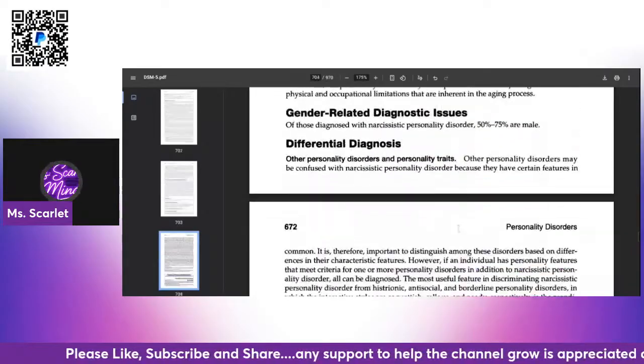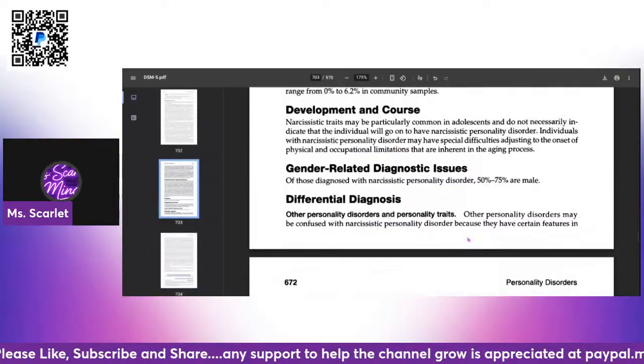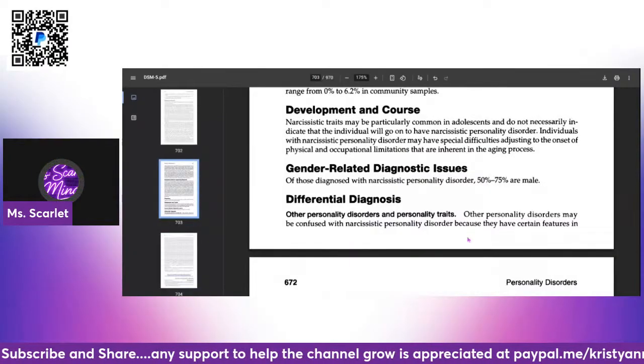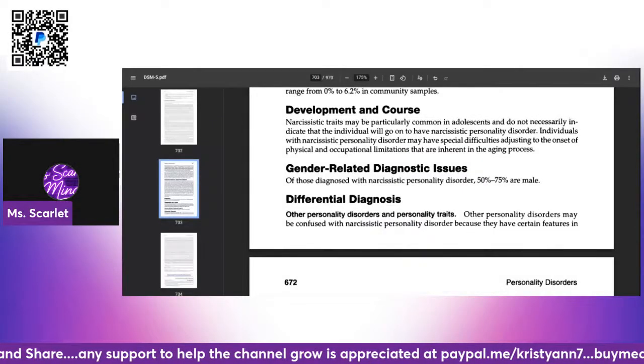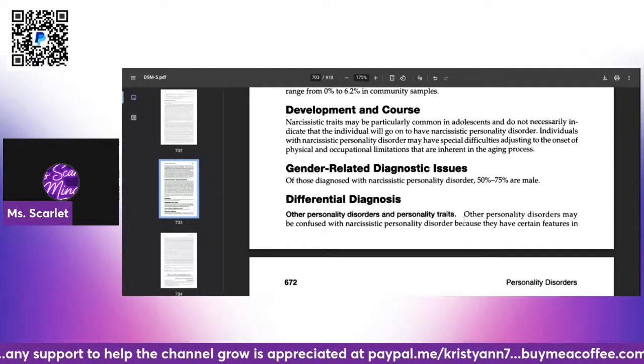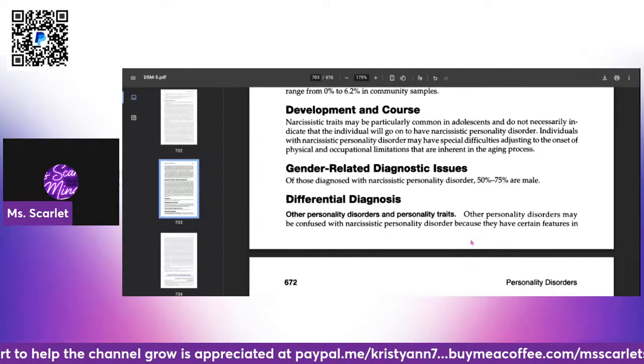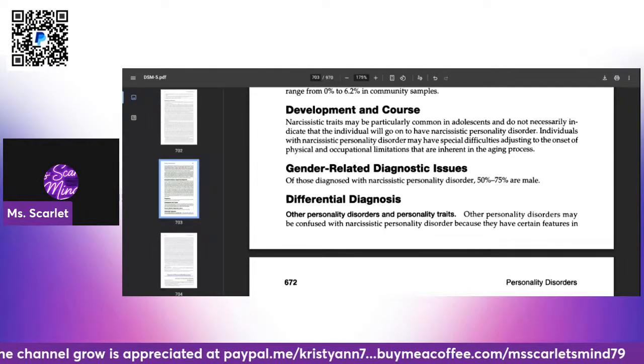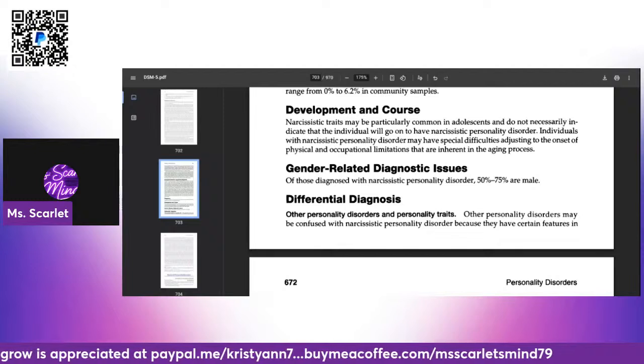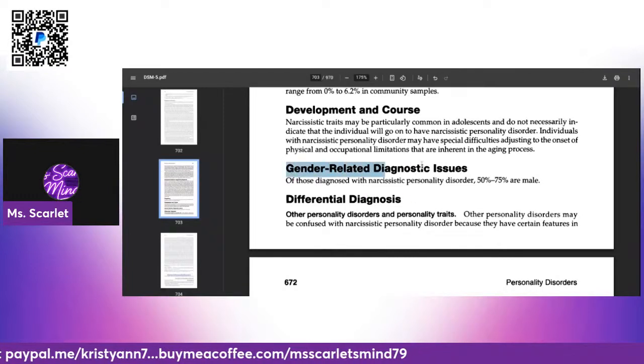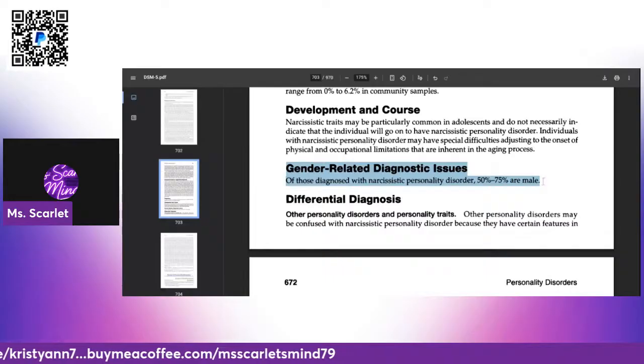Now, this section goes into more depth about how common or uncommon it is. So it does say right here, gender related diagnostic issues.